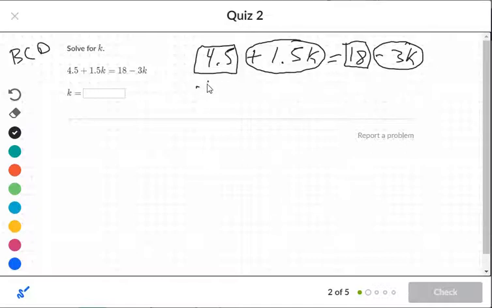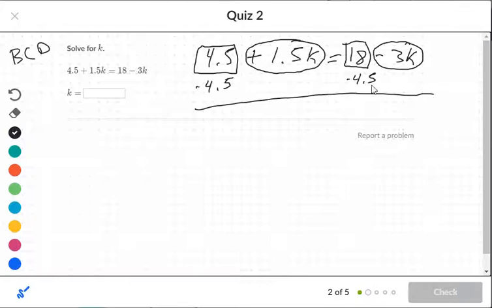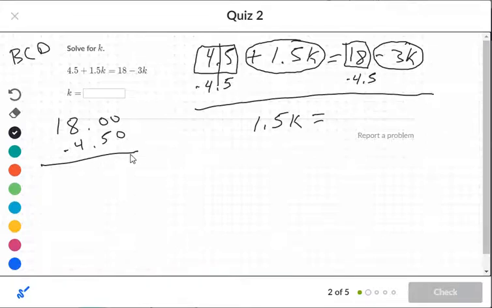Everybody knows that 4.5 is the smallest when comparing that to 18. So each box will get a negative 4.5. Cross this out. This gives me 1.5k is equal to 18, which I can write as $18, minus 4.5, which I can write as $4.50.